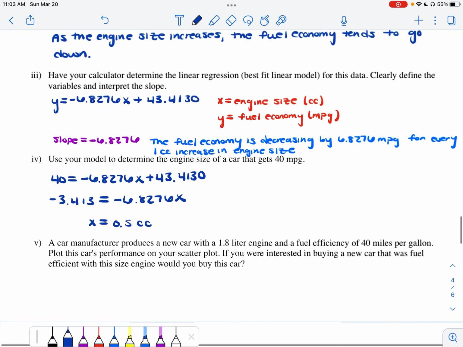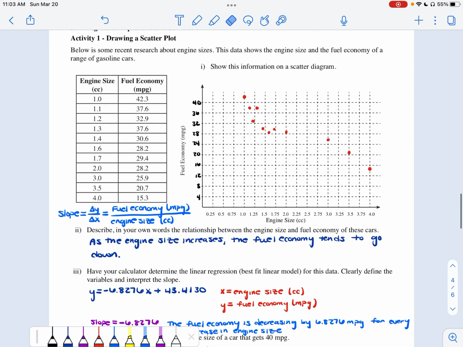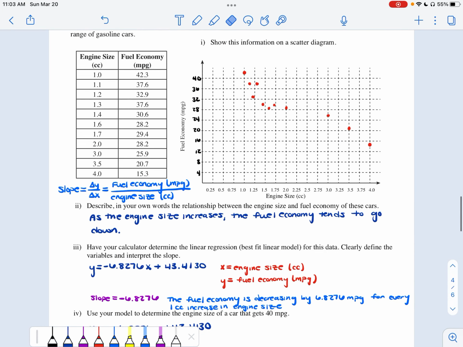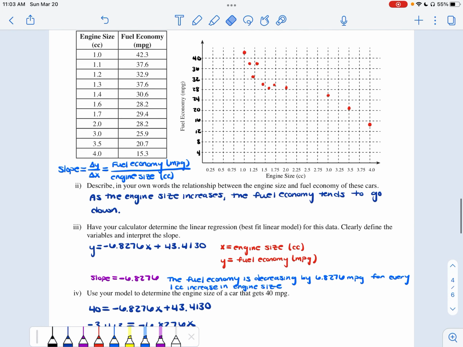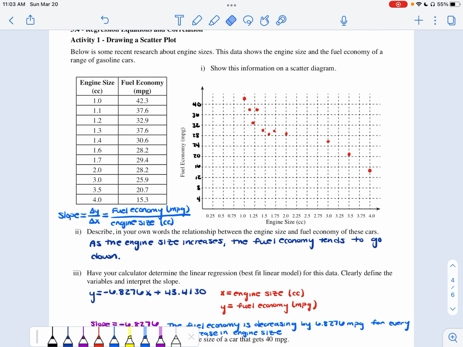I don't know if that's cubic centimeters. I don't know enough about cars, and it didn't really specify up here, so I'm just sticking with cc's, because 0.5 cubic centimeters for an engine size doesn't make sense to me.